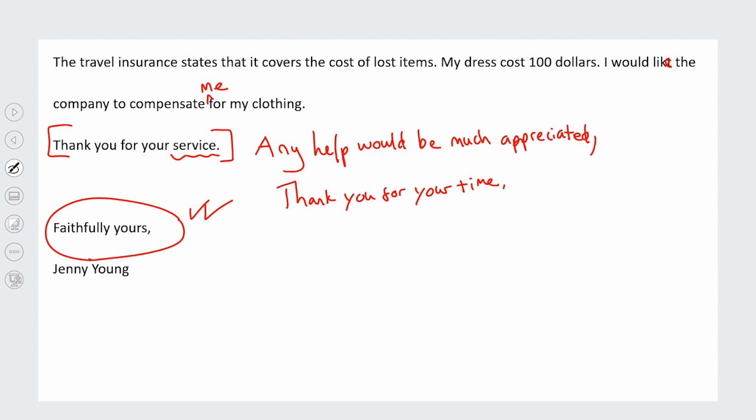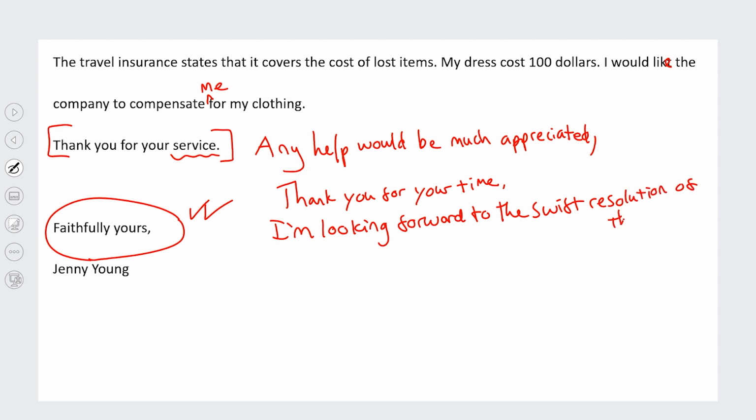You could say something like, I'm looking forward to a swift resolution of this matter. Okay, you could end it something like that.